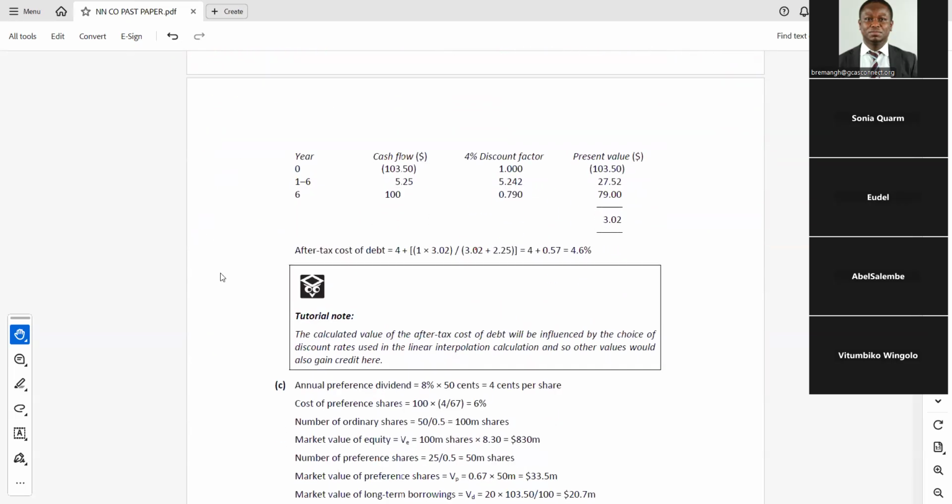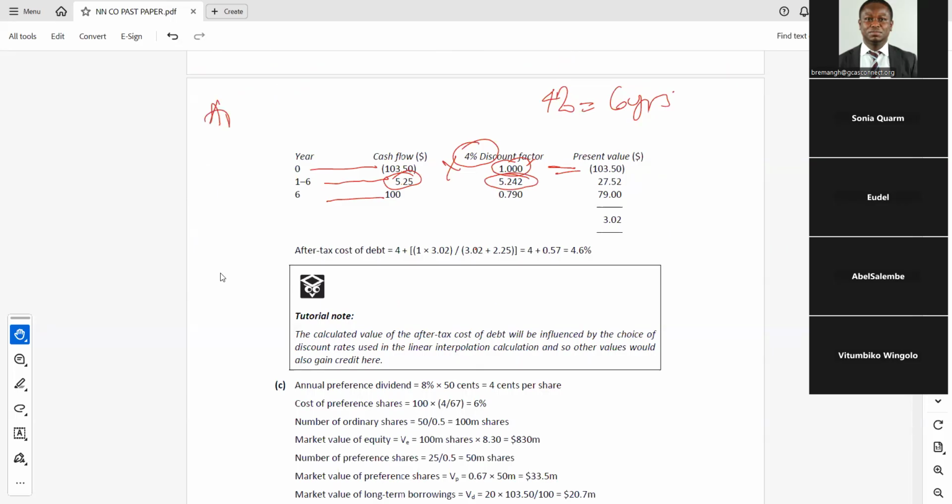So it is the same cash flows, negative 103.5, 5.25, and 100. You multiply by the discount factor, for year 0 is 1. Then for 5.25, we need the annuity factor of 4% for 6 years. And that will give us 5.242.